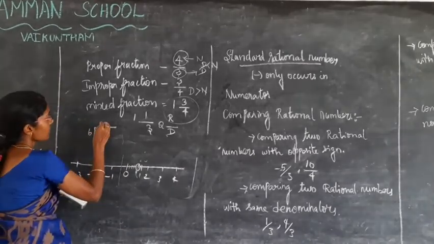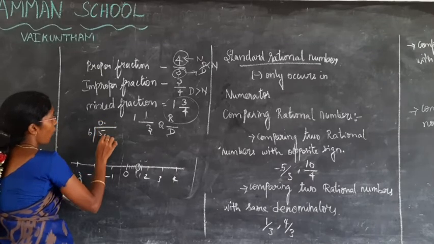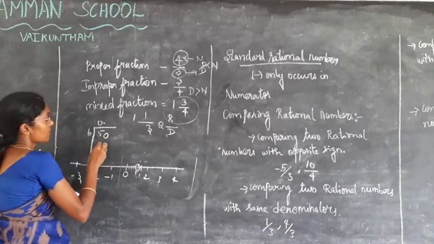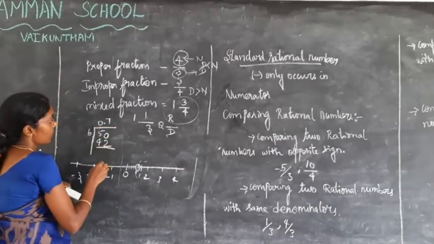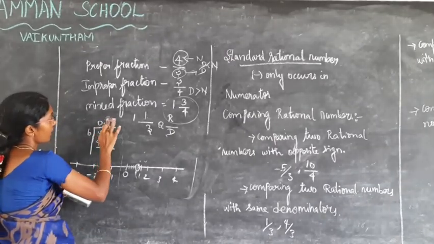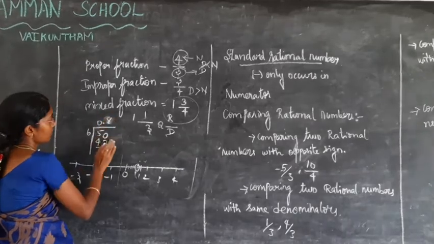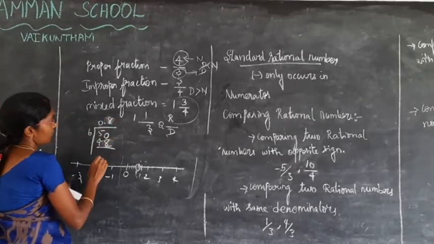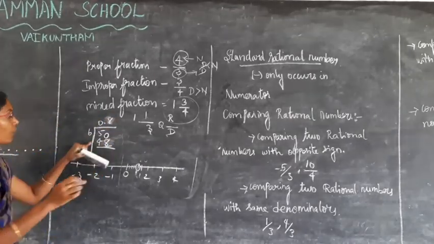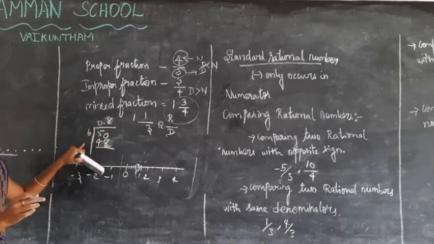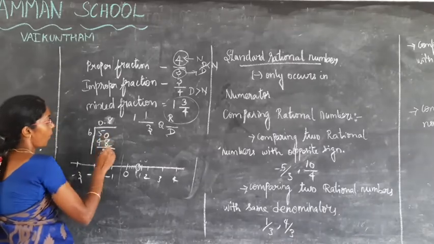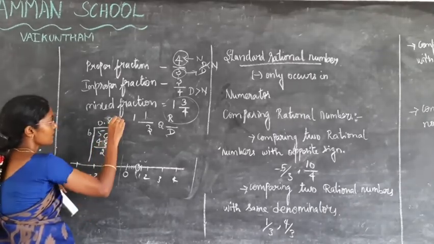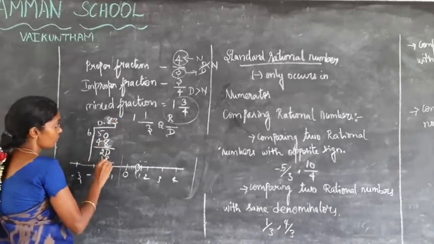So 5 by 6: 6 7s are 42, 6 8s are 48. So the remainder is 2. 2 0, 6 3s are 18, 2, it goes on.